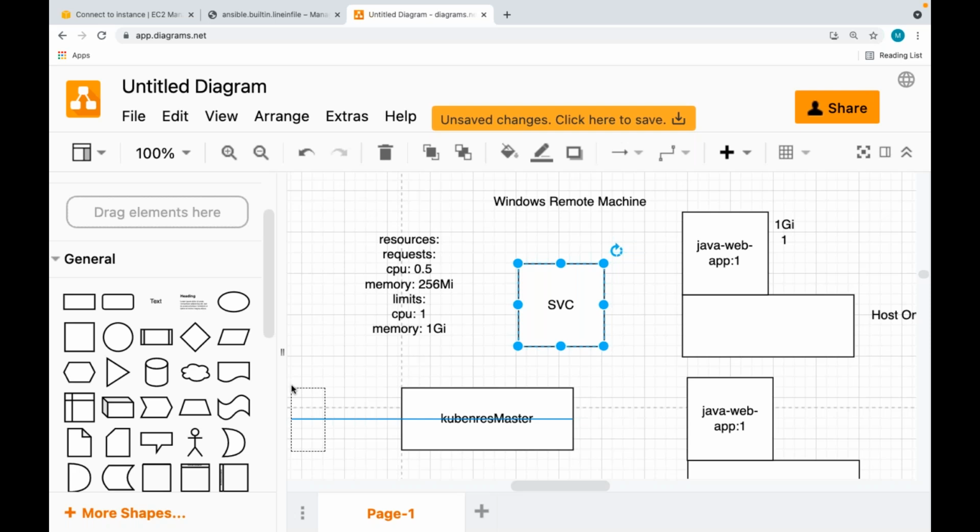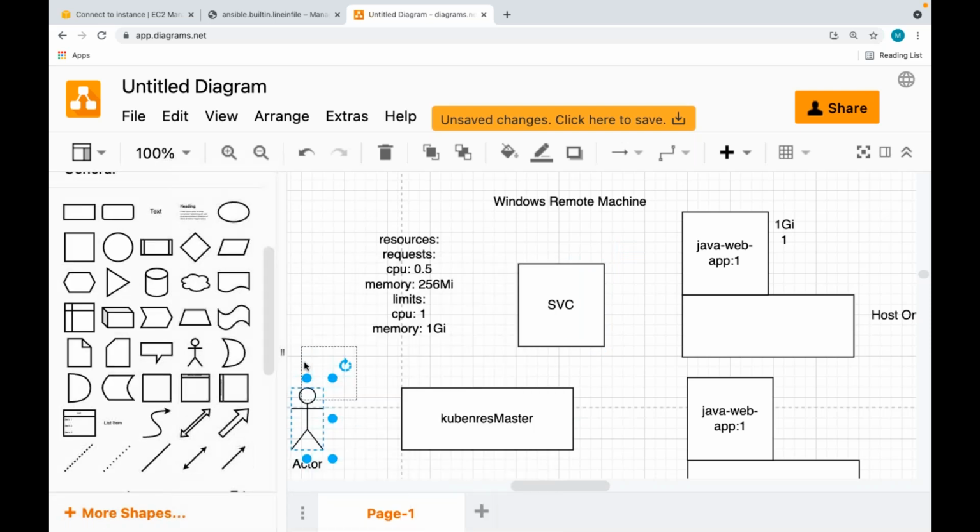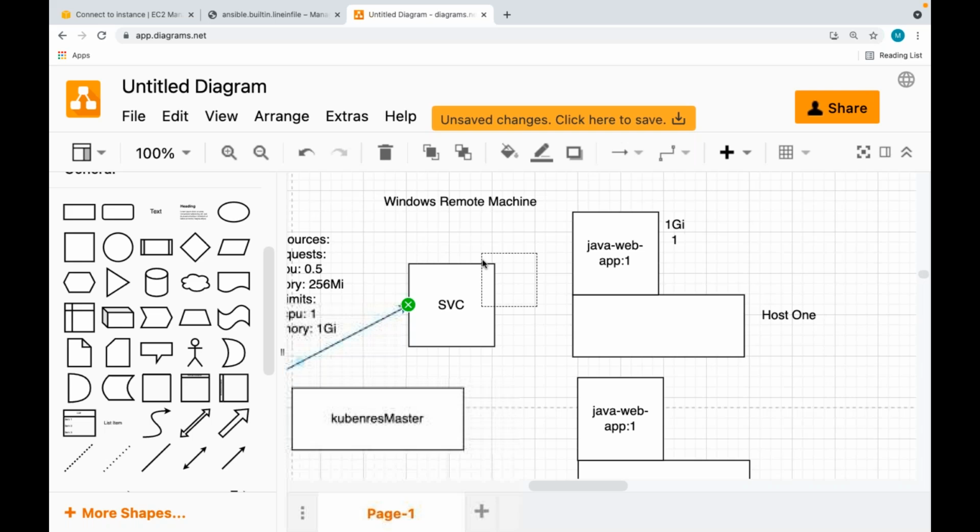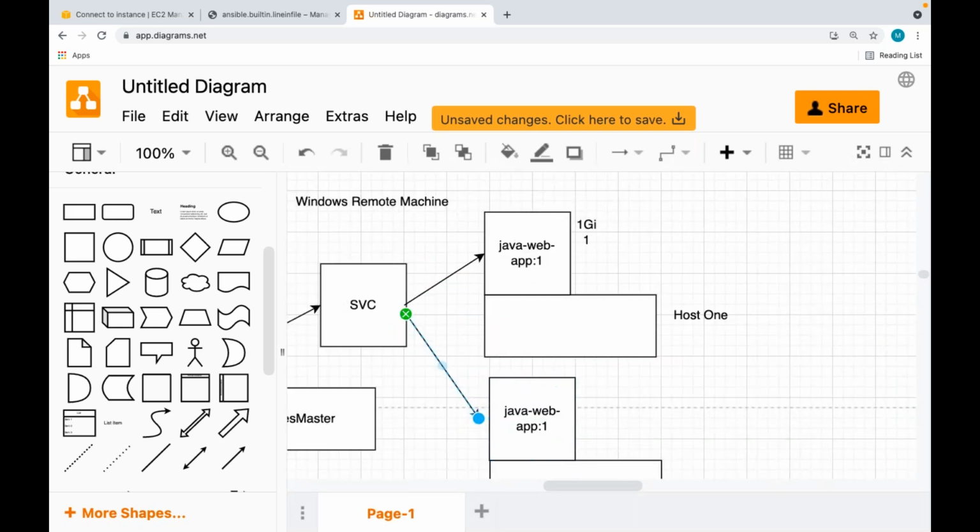If a lot of people are accessing, a lot of requests are coming to that service, the service will distribute the traffic. Let's say there is a lot of load. Slowly, based on the load, will the CPU and memory utilization spike? Will it increase based on the load on this pod and this pod?